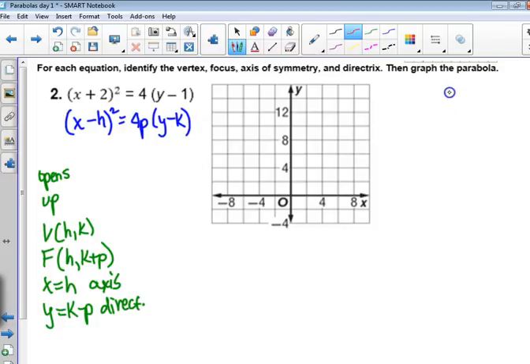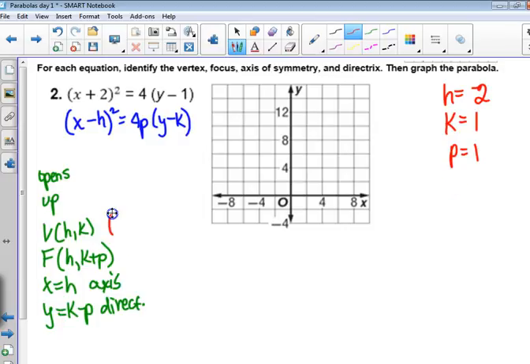All right, who can start me out? What'd you get for H? -2. For K, +1, and for P, 1. So it opens which way? Up.